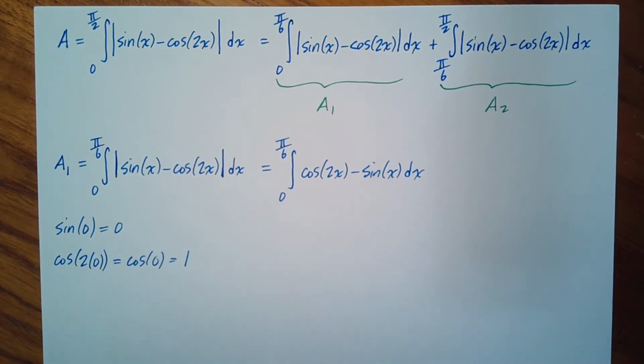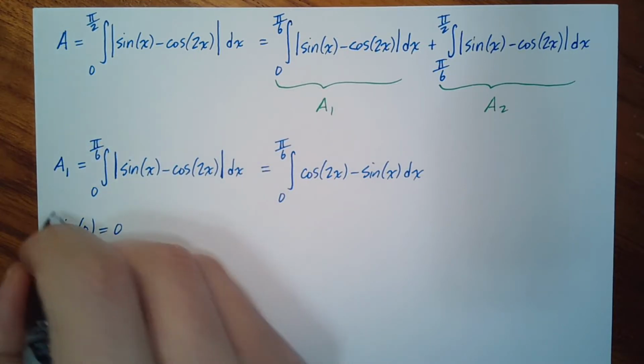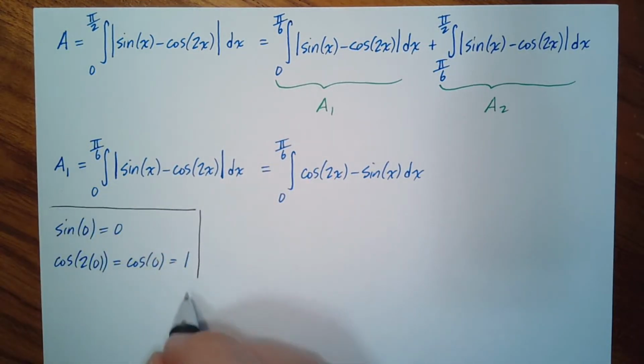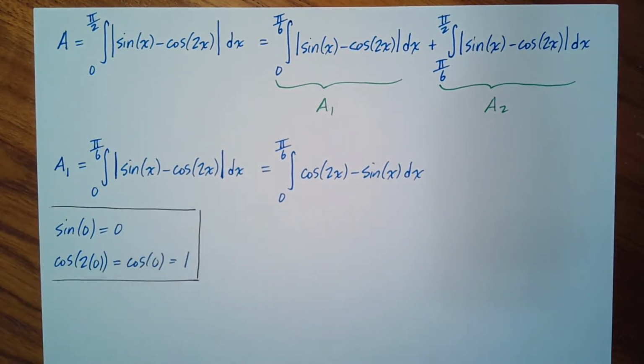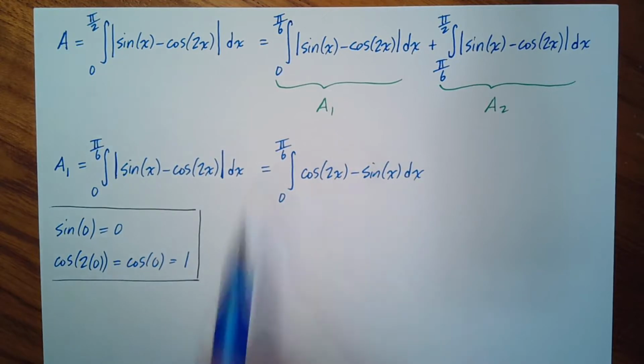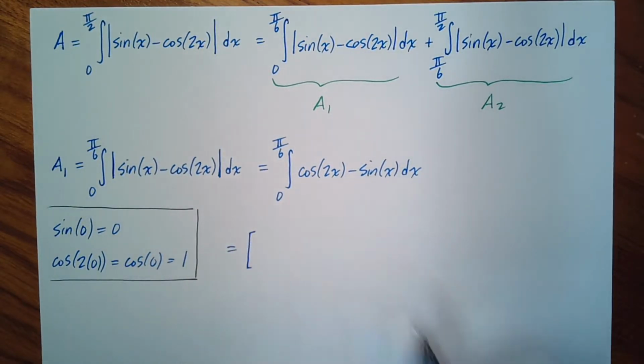Now we can actually proceed and calculate this definite integral. And let me just put a box around this so it doesn't get confused with the main thread of calculations. This was just side work to figure out which of these two functions belongs as the upper function, but now we can carry on with our calculations here. So let's find an antiderivative for cosine of 2x.